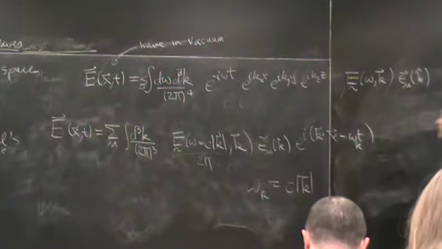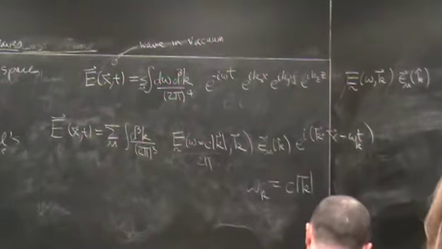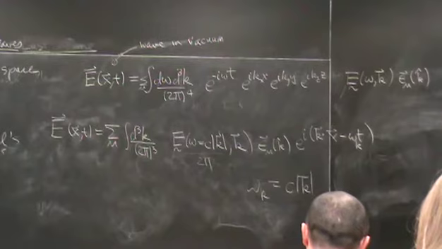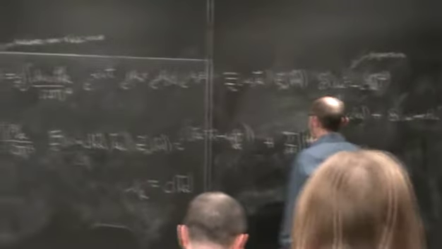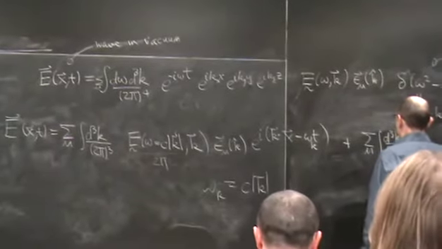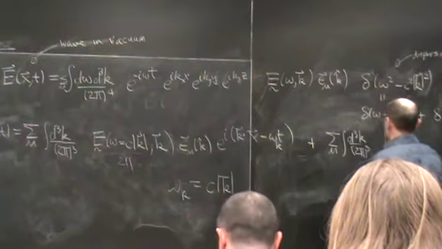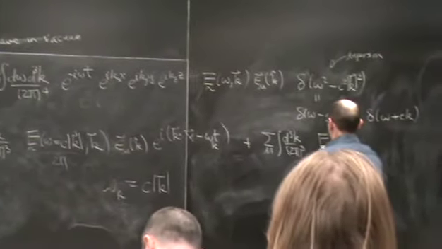Okay. That's integrating this first delta function. And then we have the second delta function. Boring, boring, boring. Sorry. I can't think of a simple way to do it except writing the whole thing out. But let's do it.